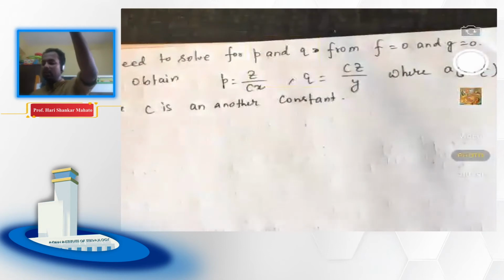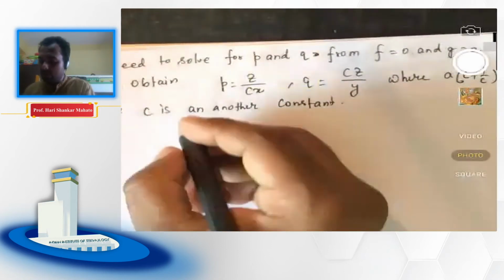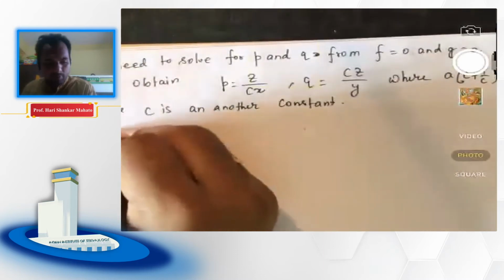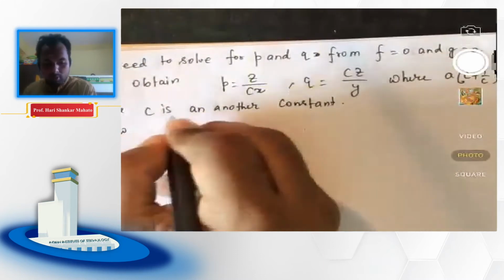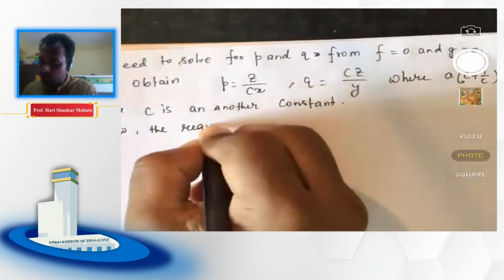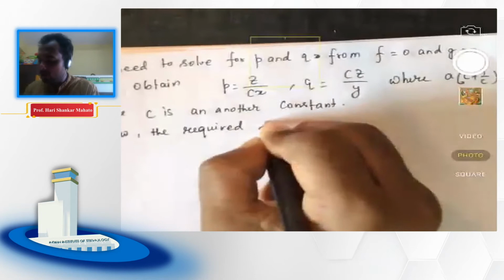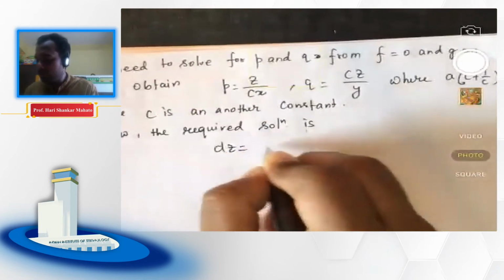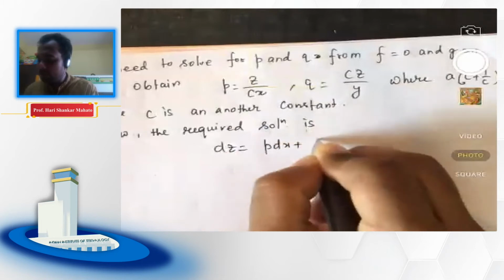So if p and q satisfy this relation, then basically our common solution, the required solution, is dz equals p dx plus q dy.